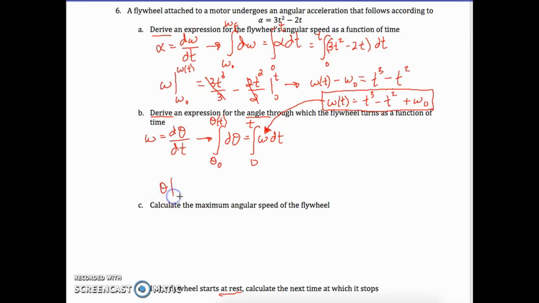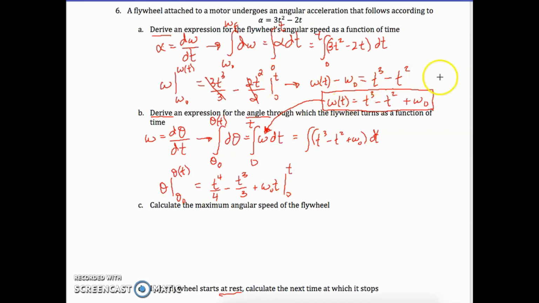So our d theta just becomes theta. And then when we substitute in on the right side, we have t cubed minus t squared plus omega naught, and then dt. And using the rules of antiderivatives applied to polynomials, we will find that this becomes t to the 4th over 4 minus t cubed over 3 plus omega naught t. And then we will need to evaluate it between 0 and t, just like we did before.